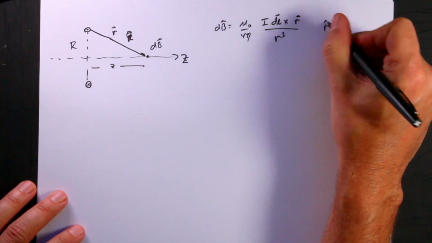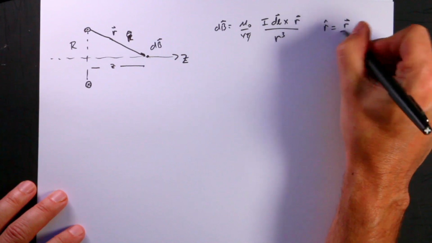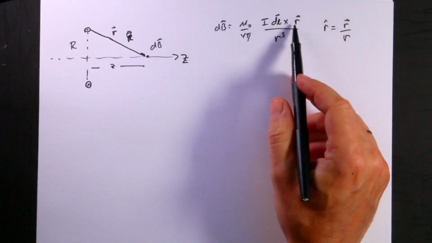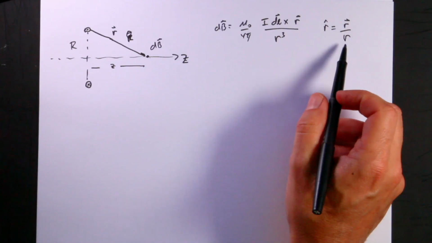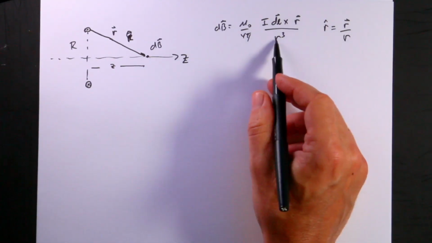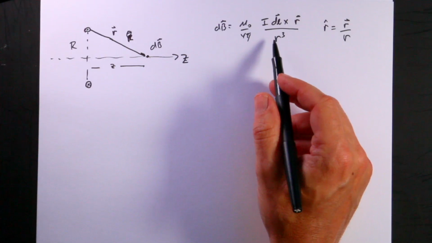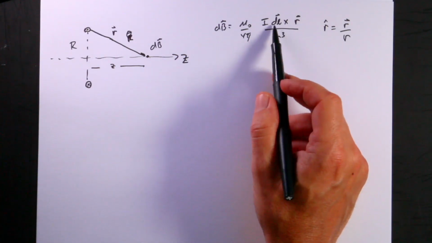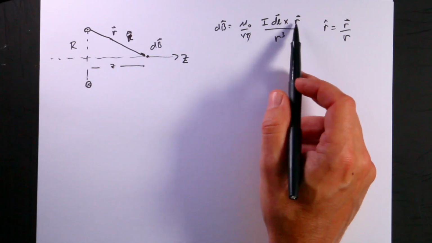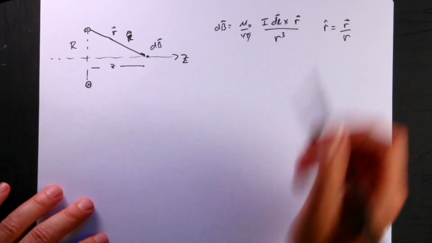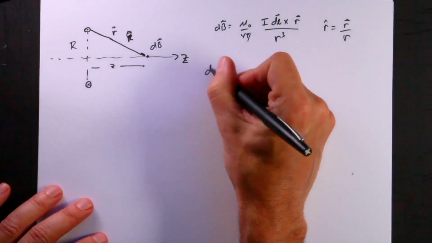Because r hat is the vector r divided by the magnitude of r. So if I replace r hat with r over the magnitude of r, then I get r cubed on the bottom, and it all works out in the end. So in order to do this, I'm going to need to get a vector expression for dl and a vector expression for r. Okay, so let's start with dl.